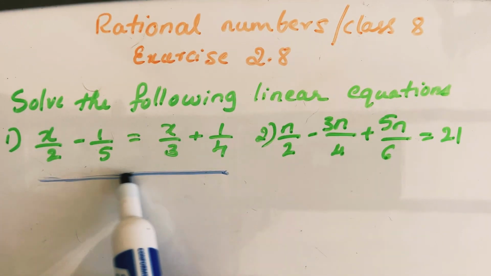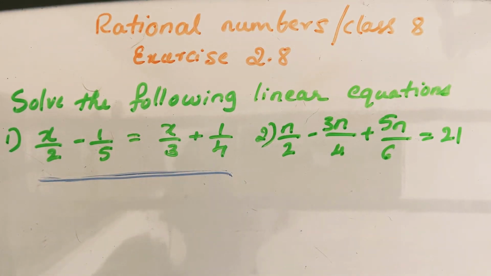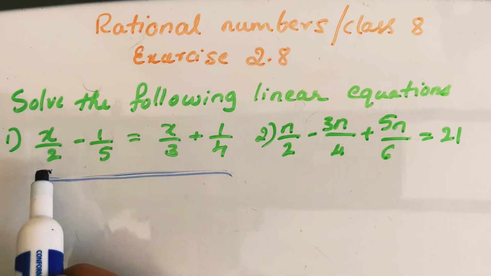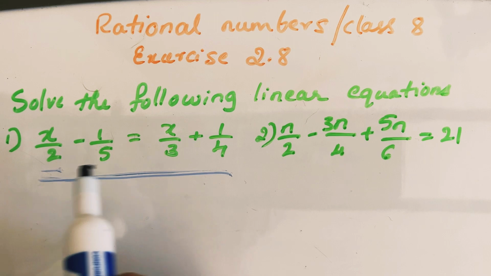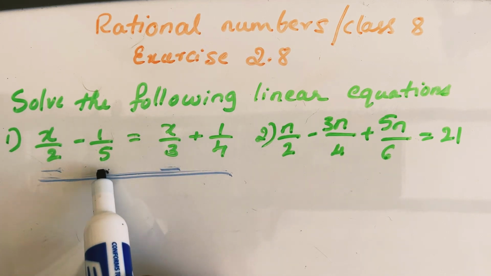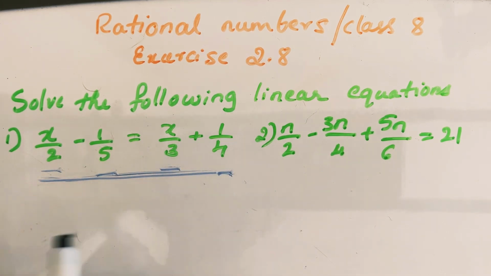For this equation, first I would like to group like terms on one side. What are the like terms? Like terms means here the term with variable x and the constant terms. First, I would like to group terms with variable x.